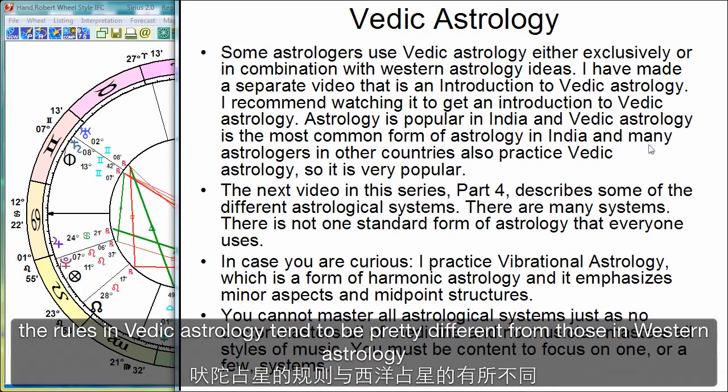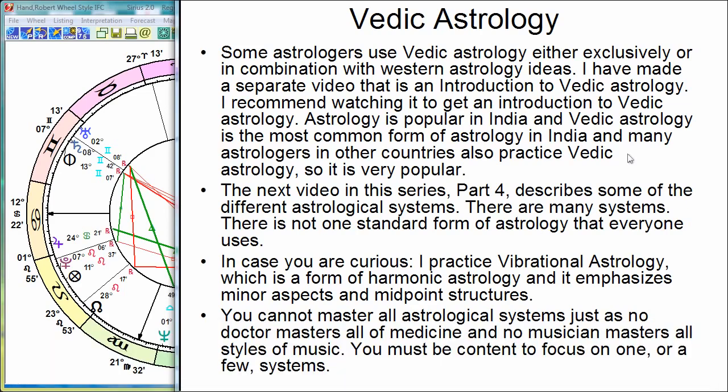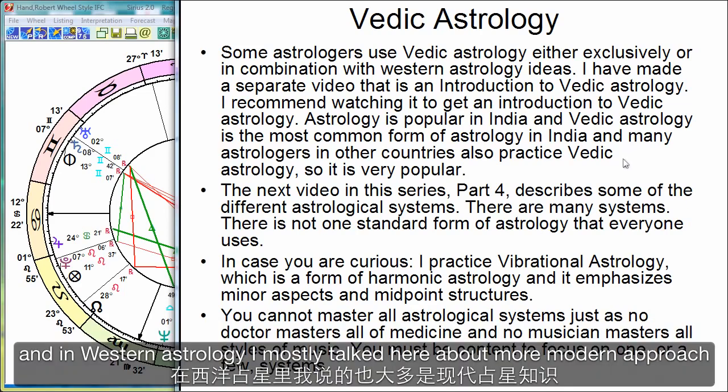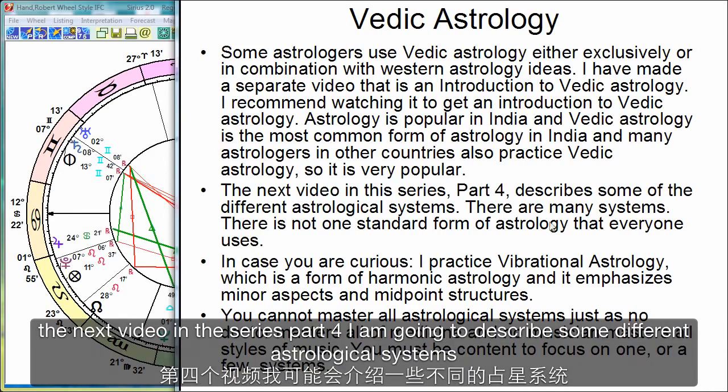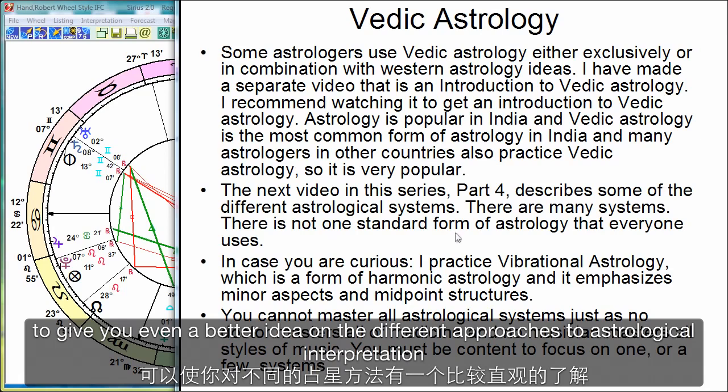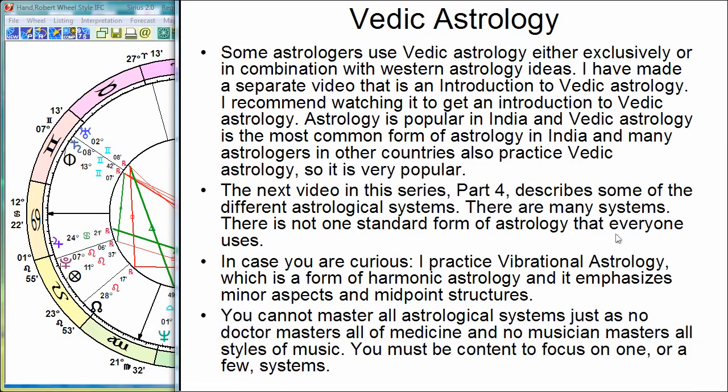The rules in Vedic astrology tend to be pretty different from those in Western astrology. And in Western astrology, I've mostly talked about a more modern approach. The next video in the series, part 4, is going to describe some different astrological systems to give you an even better idea of the different approaches to astrological interpretation.